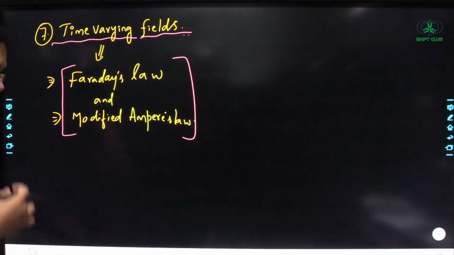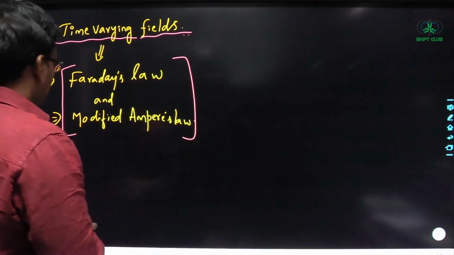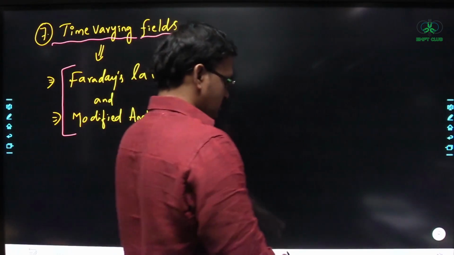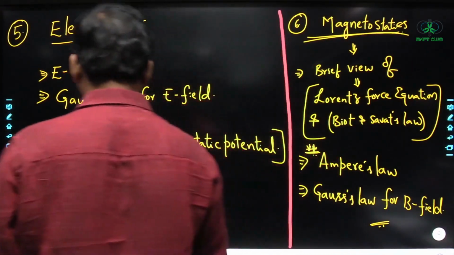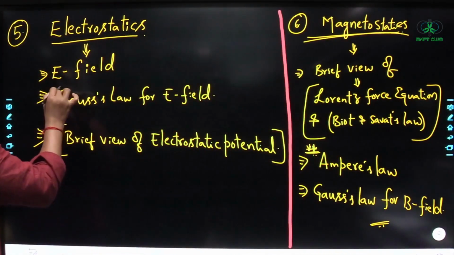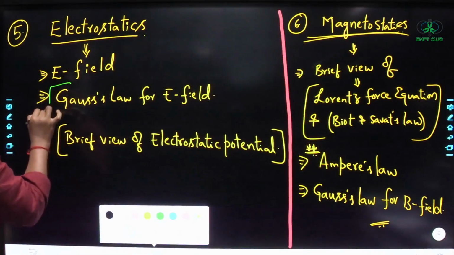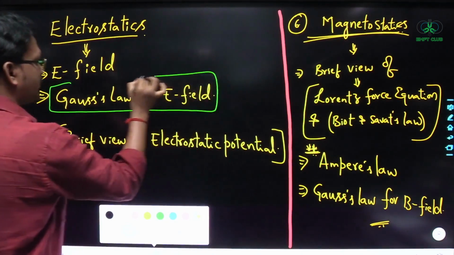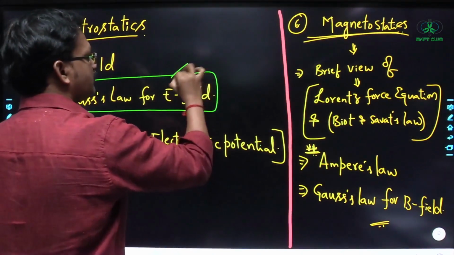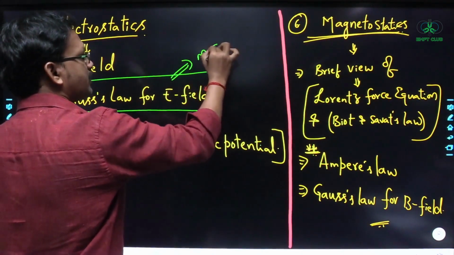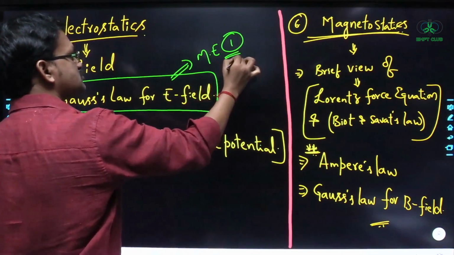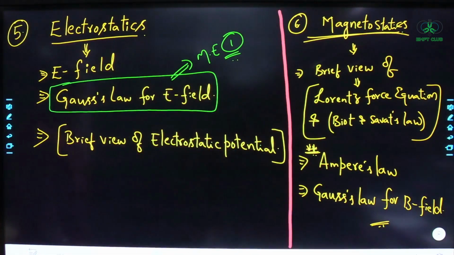Understood? Okay. If you observe all these topics, see here, Gauss law for electric field is nothing but Maxwell's equation 1.